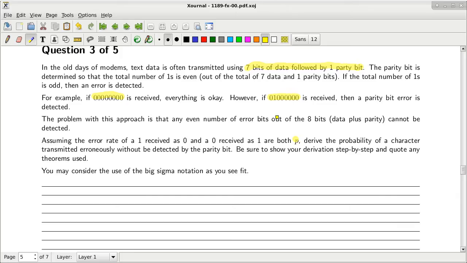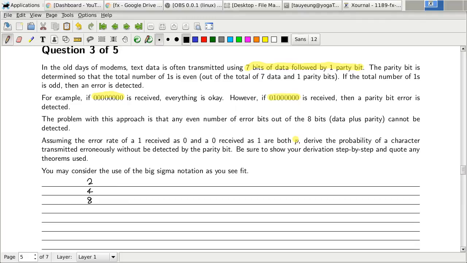Let me switch back to a pencil tool. We can have 2 error bits, 4 error bits, or 8 error bits. And remember, the number of error bits can include the parity bit itself. The parity bit can be received erroneously. So the 8 bits received are pretty much the same, with no distinction between the 7 bits representing the character and the 1 parity bit, which is kind of used as a checksum.